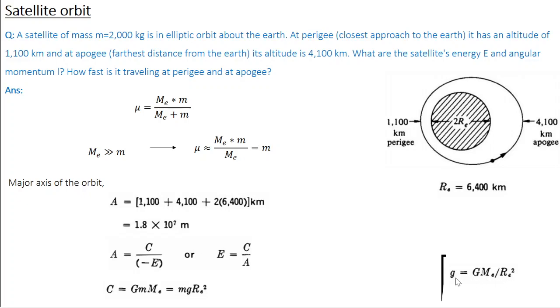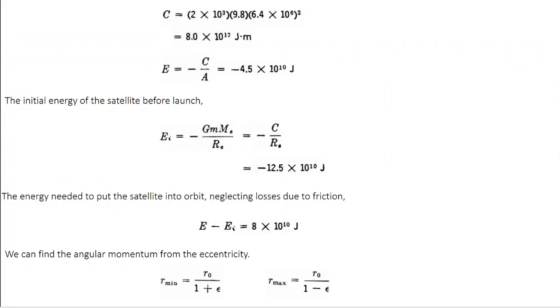So in terms of small g, I can write C as m g RE square. Substituting the parameters, you get C equal to 8 times 10 to the power 7 joule per meter. Now all the parameters are available. You can calculate energy E as minus C by A, which gives minus 4.5 times 10 to the power 10 joule.